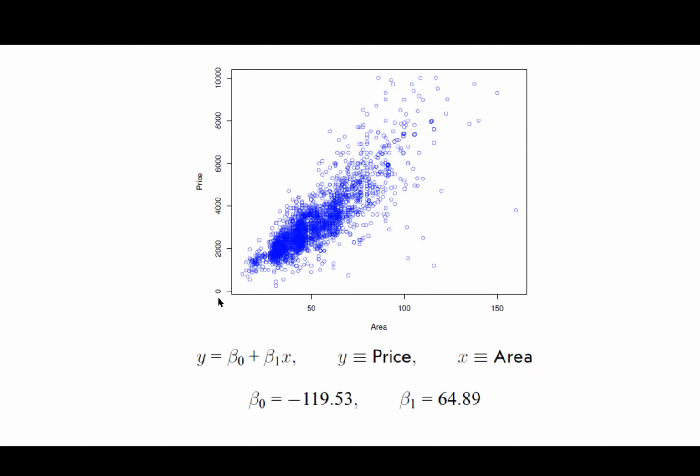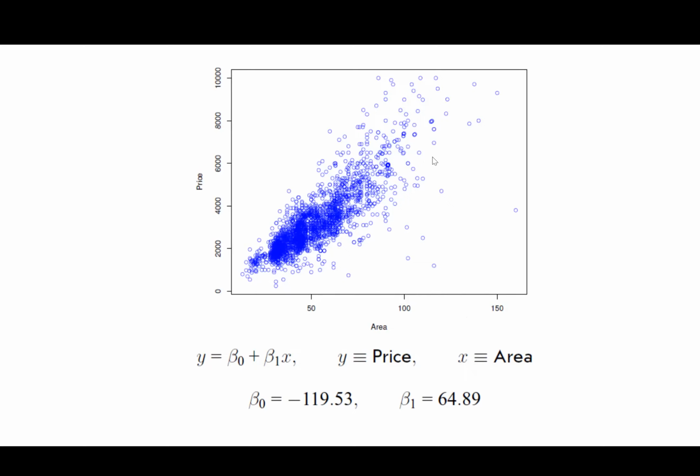The price is between 0 and 10,000 rubles, so for example this one is 6 million rubles, and this is the area in square meters. Yeah, 50 meters, 100 square meters, and so on.